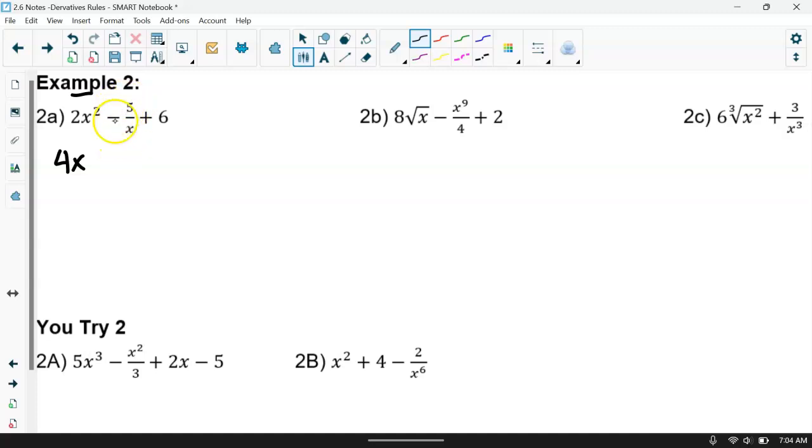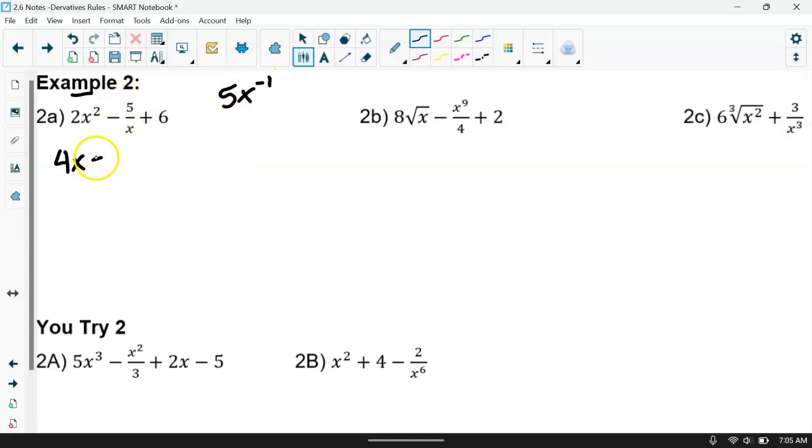Now notice we'll need to rewrite. So this is minus 5 times x to the, here, you know what, actually, let me rewrite on the side here. So sorry about that. So 5 times x to the negative 1. So then the derivative is negative 5.